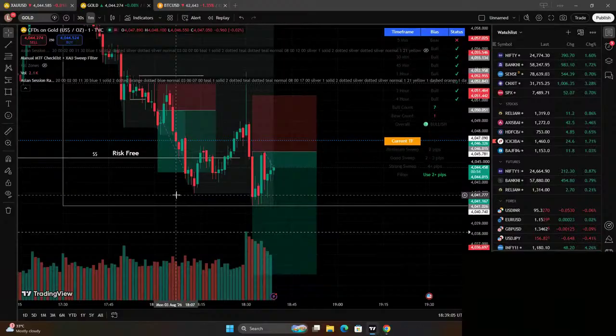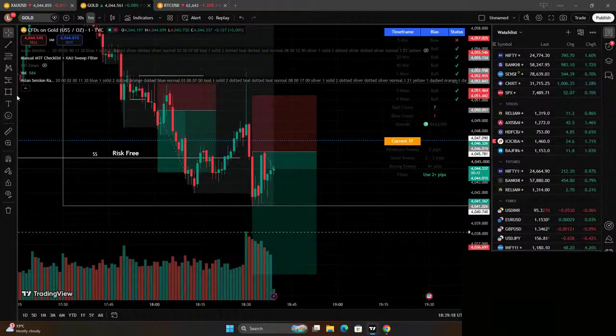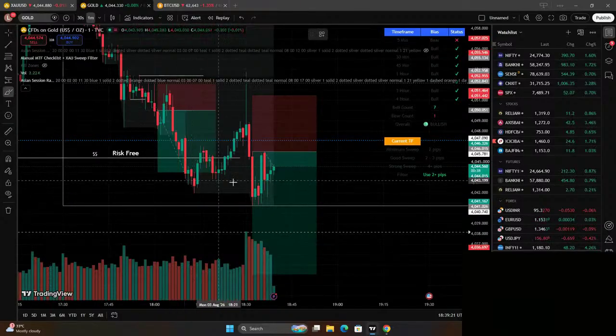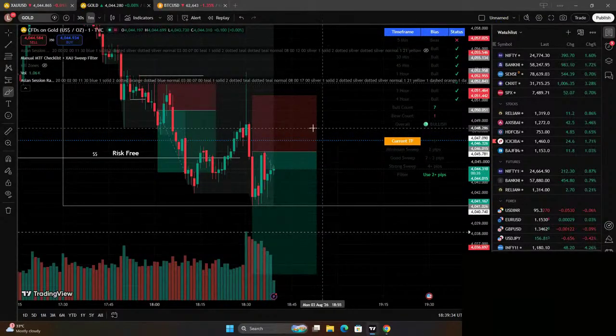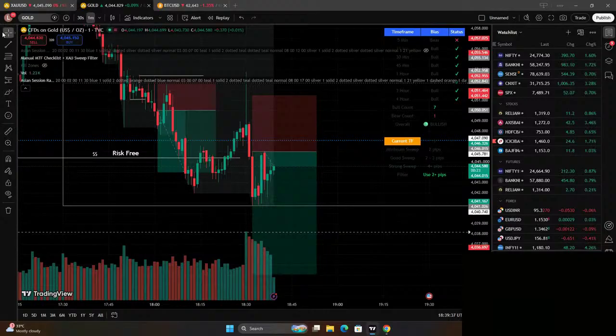Buying is getting slower. Generally, I have heard that if there is this kind of a pattern over here, small candles with decreasing size, it means that the price might reverse. Okay, let's adjust our thing here.